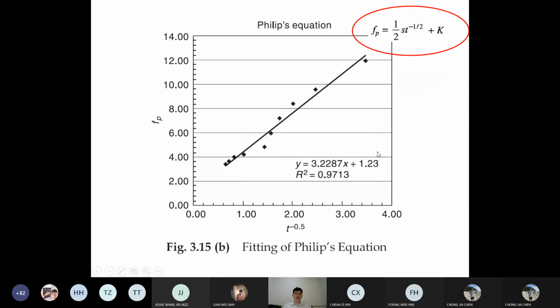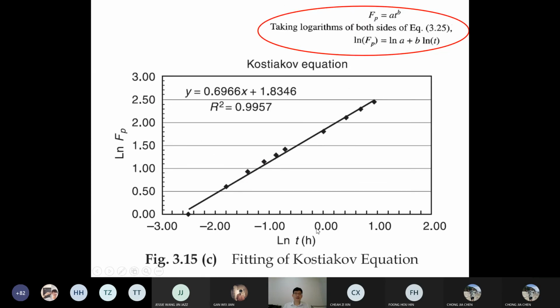This is the Green-Ampt equation. For Philip, Fp changes with t to the minus 0.5. And for this one, ln Fp changes with ln time. This is the Kostiakov equation. There are different equations because different countries and different researchers started doing the same thing, and they have their own empirical data, so they proposed different methods.